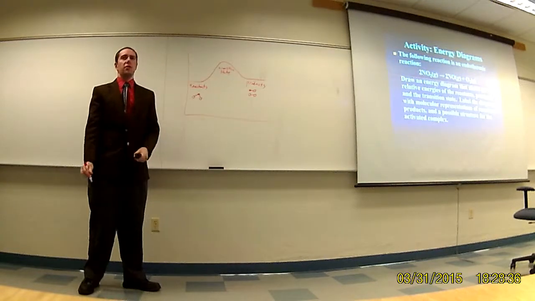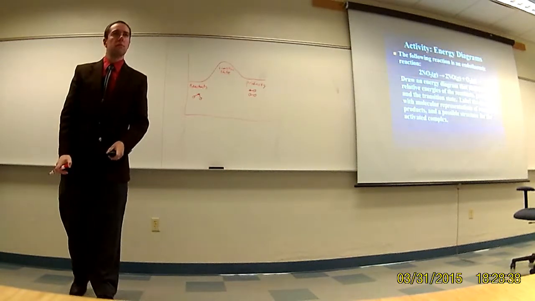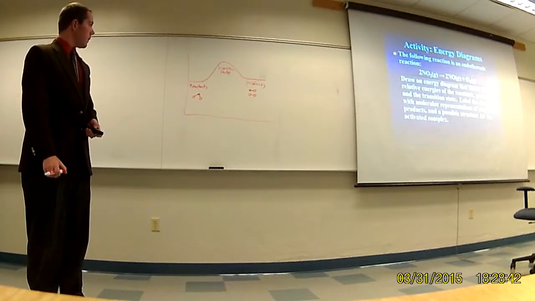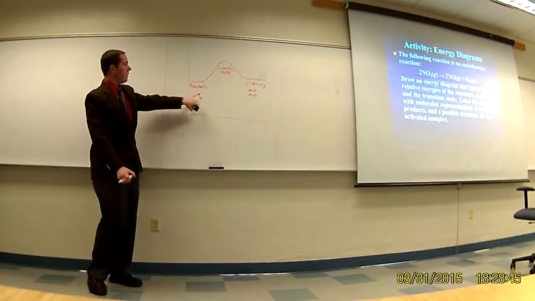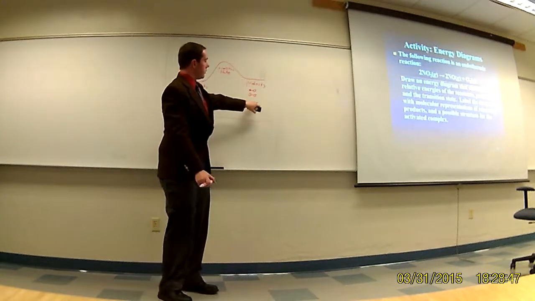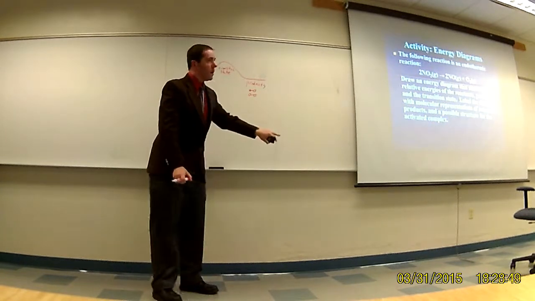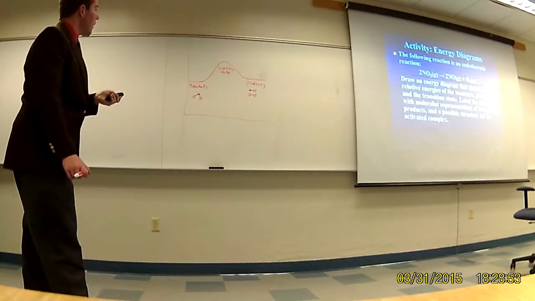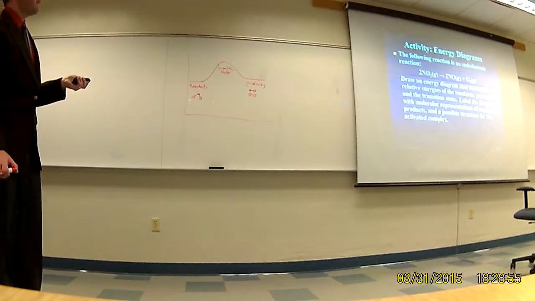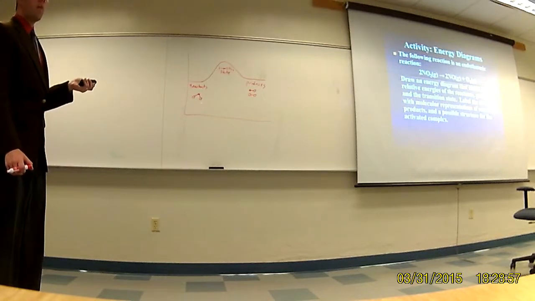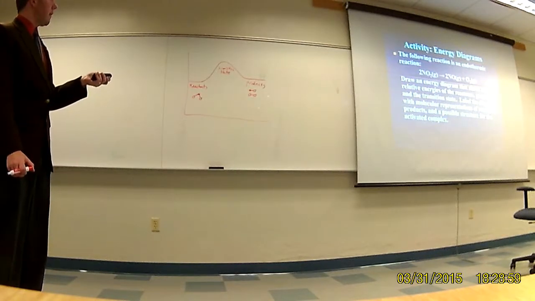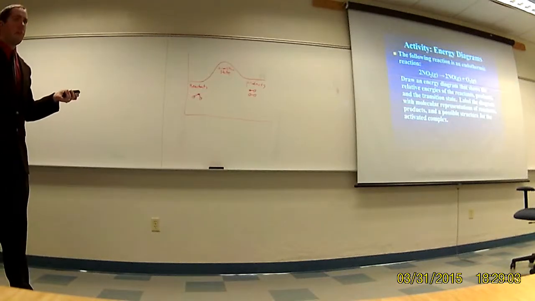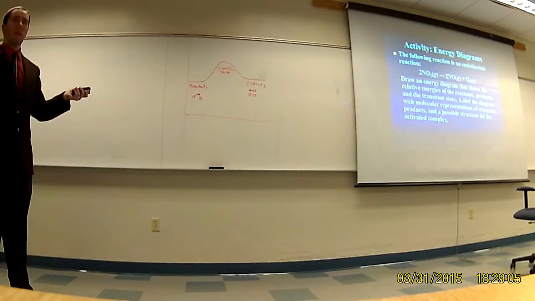What might this transition state look like? Compare the reactants to the product. How many nitrogens do we have over here? One. How many do we have over here? One. How many oxygens do we have over here? Two. How many do we have over here?